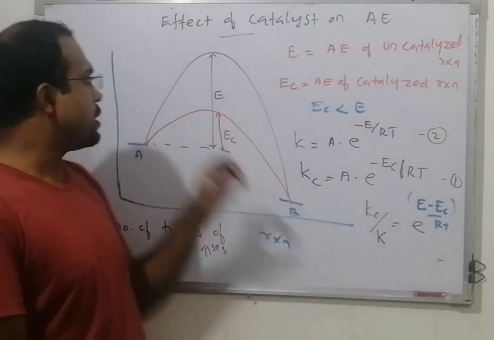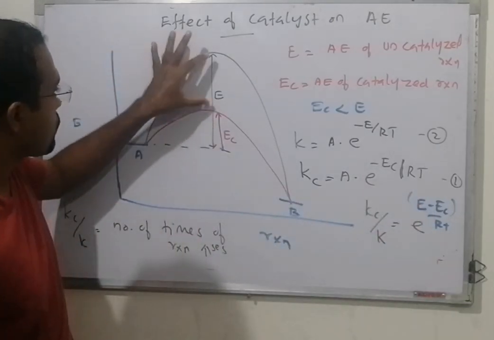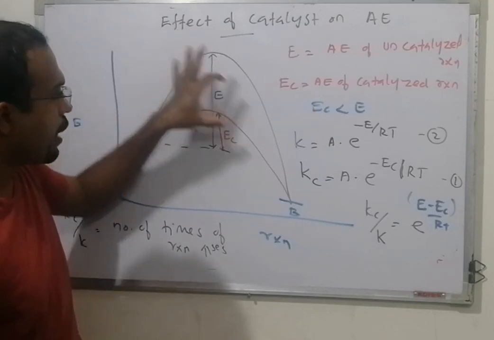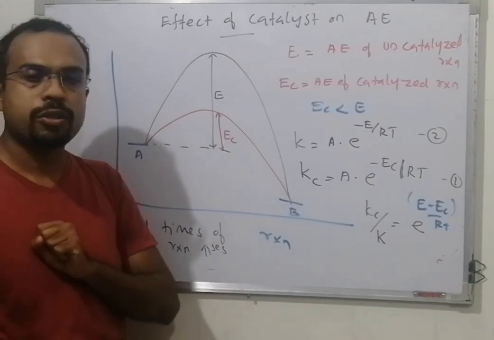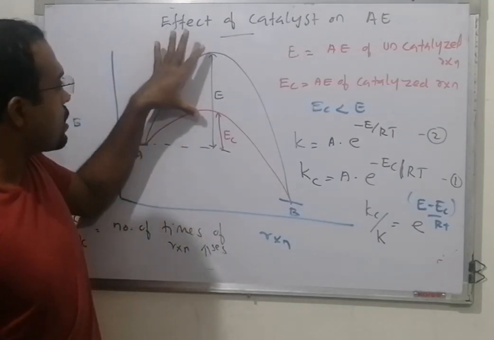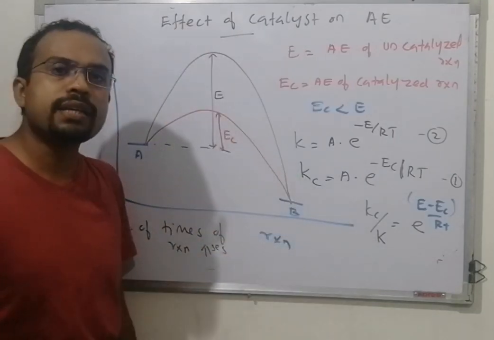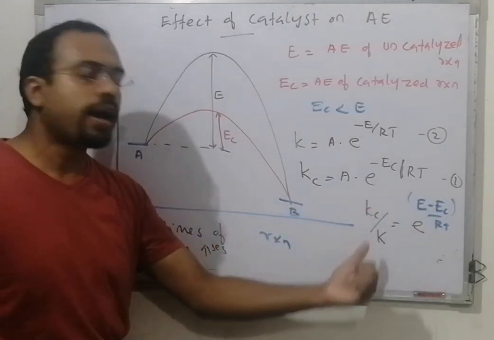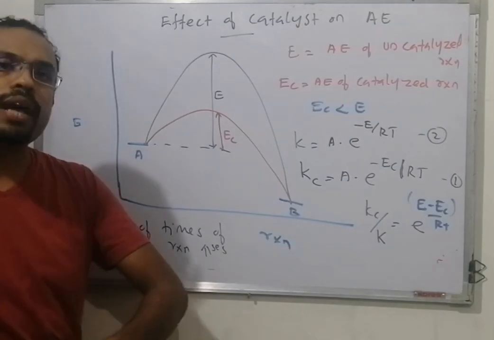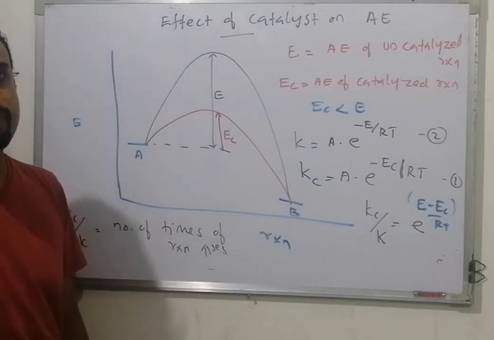If E minus EC, that is this difference, is higher, Kc by K will be higher. Do you agree? Therefore, the higher this value, the higher the number of times the reaction increases.